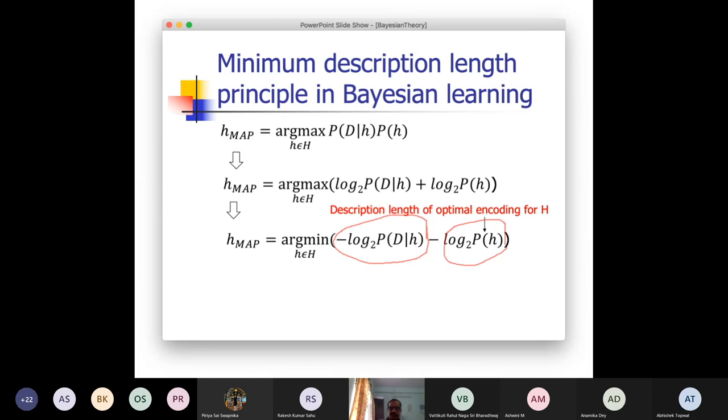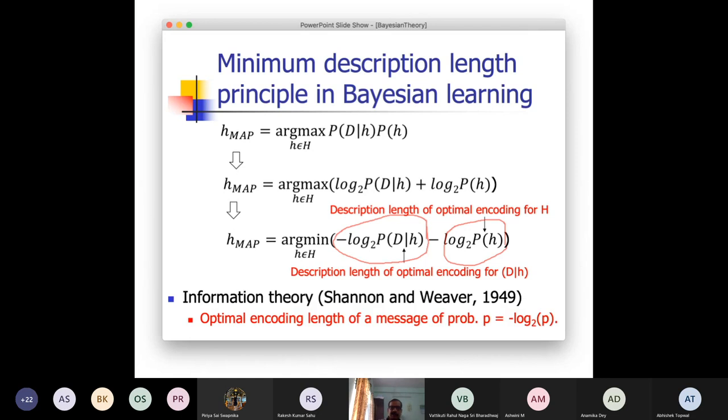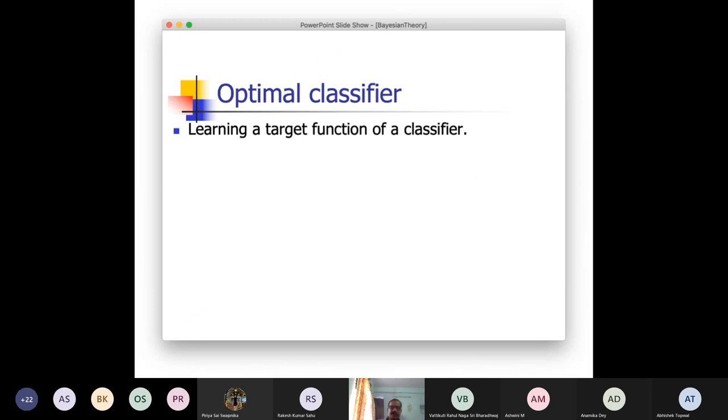So what is the amount of redundancy or information? This description length should be minimum given that hypothesis, and it has an information theoretic interpretation, because you know that the optimal encoding length of a message of probability p is minus log p. So in this way we can consider that.